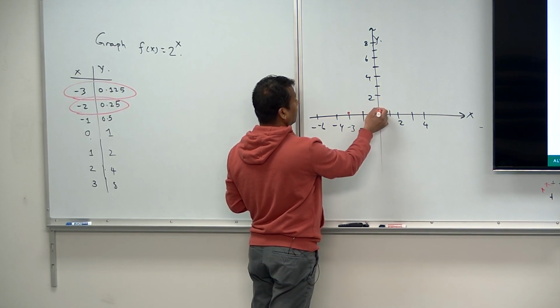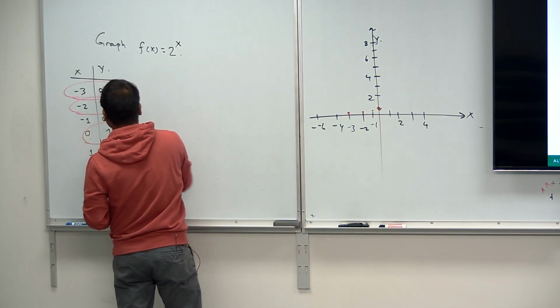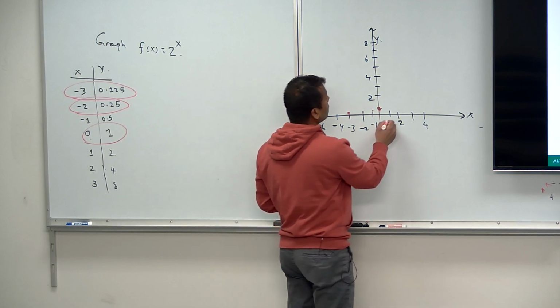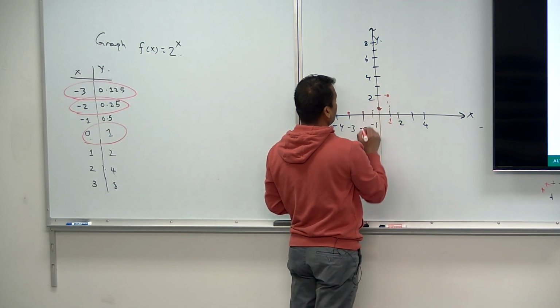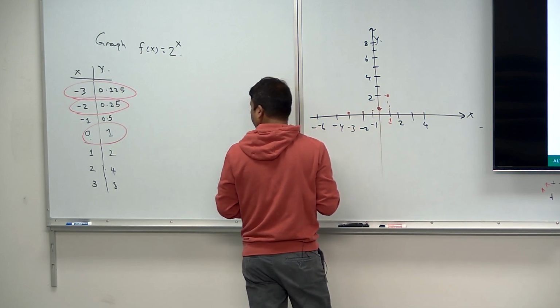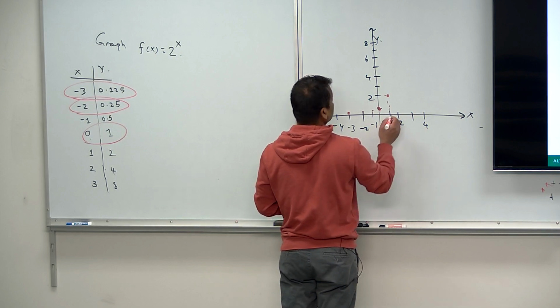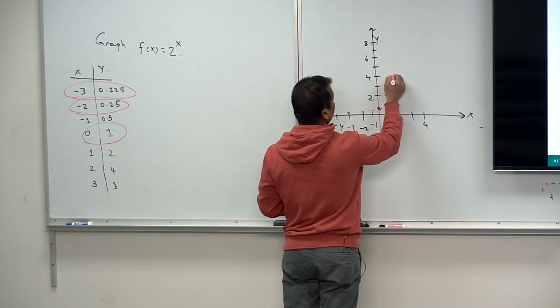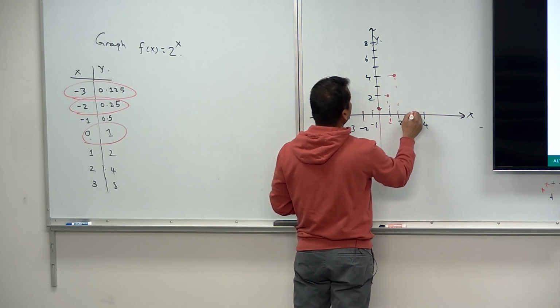0, 1, right? You see 0, 1, and you have 1, 2. So this is your 1, 2, this point. And then you have 2, 4. So 2, 4, this point. And you have 3, 8.